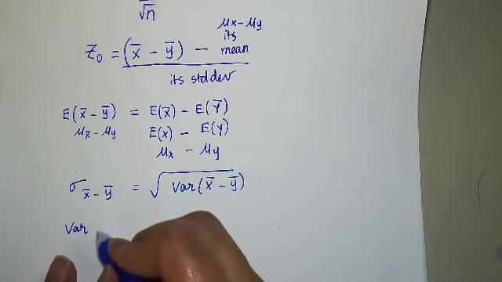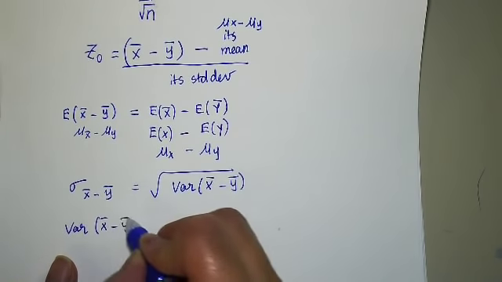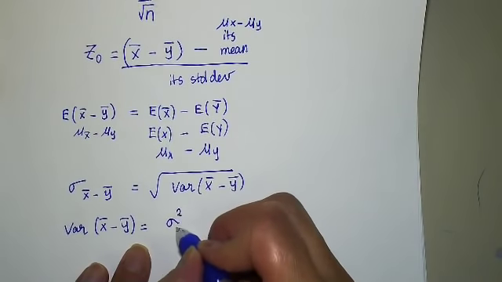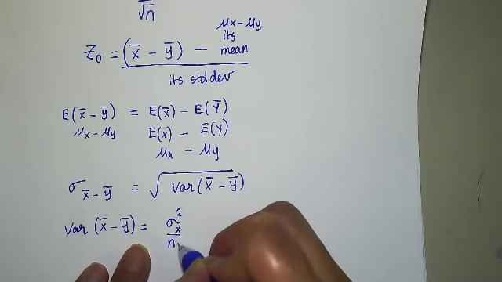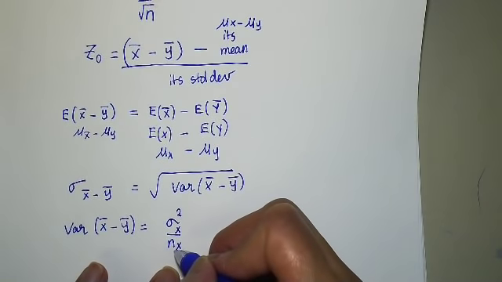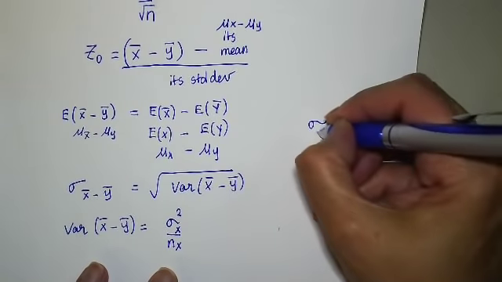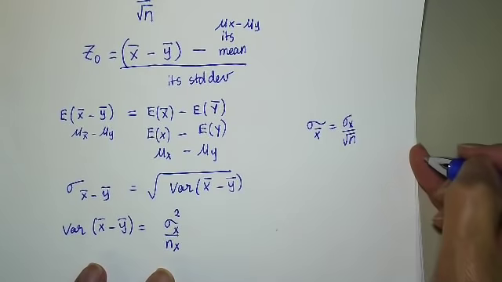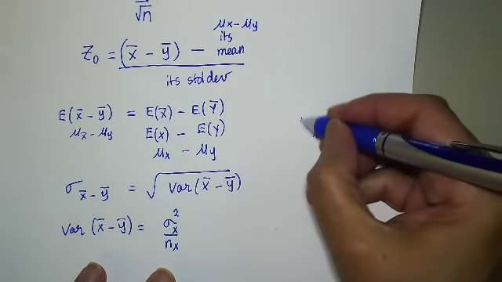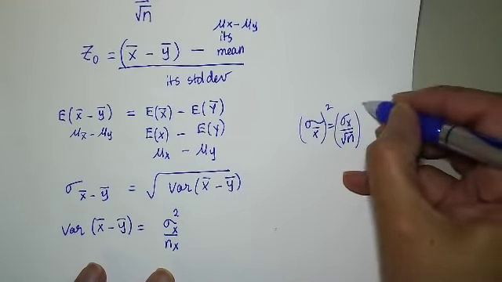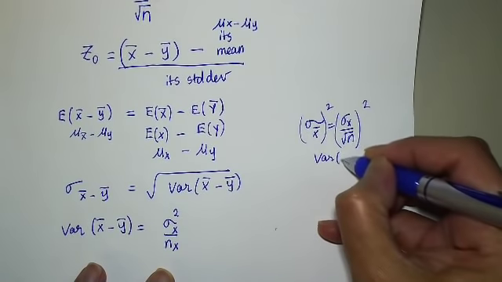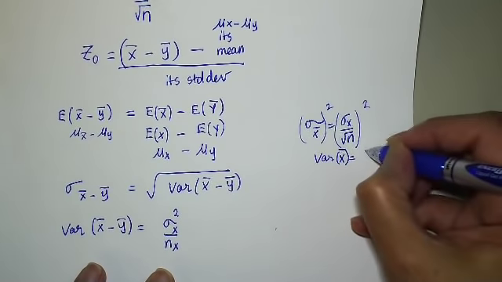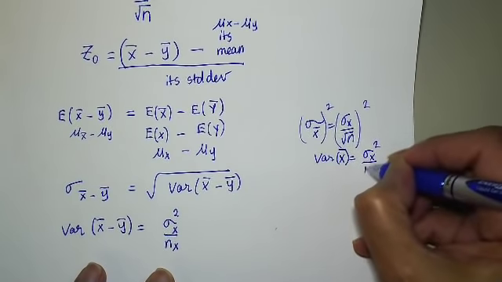And the next thing I'm interested in is this one, the standard deviation of x bar minus y bar. So I need sigma x bar minus y bar. But I also know that sigma is the square root of the variance of x bar minus y bar. So let's start with the variance and then we'll take the square root later. So variance of x bar minus y bar is equal to sigma squared x over nx.